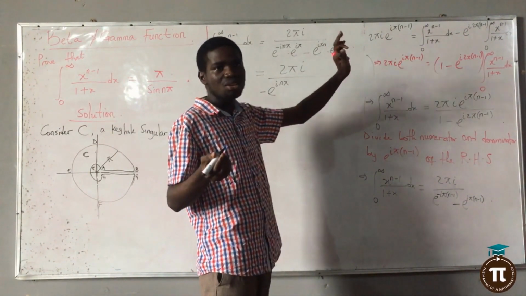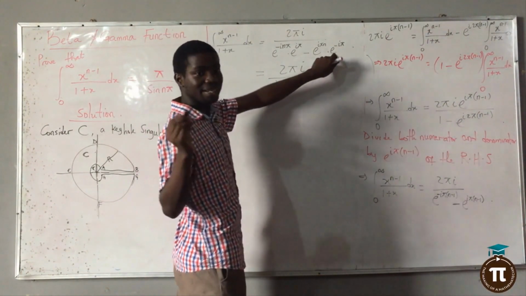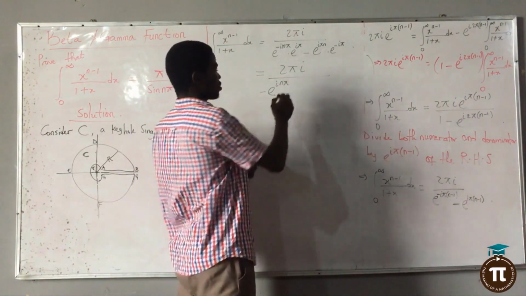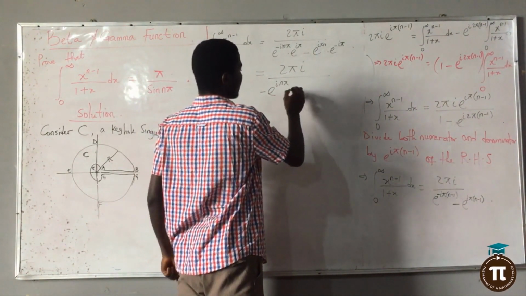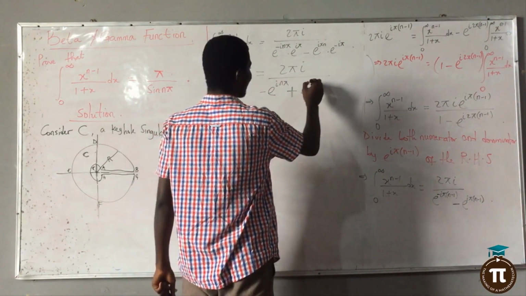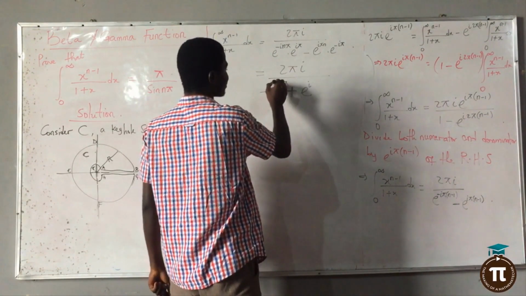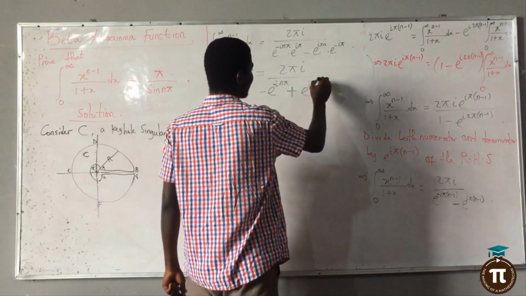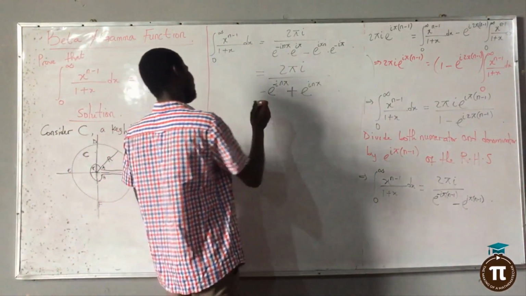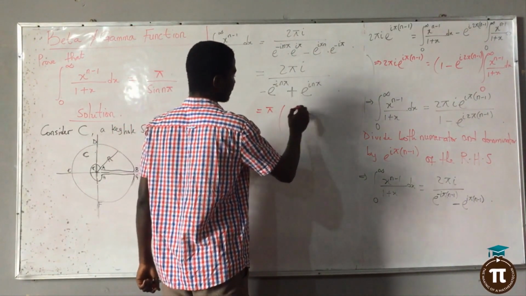The answer is still 1, so still minus 1. So minus times minus gives plus. So I have plus e raised to the power of minus i n pi, then this is i n pi. So bring out this pi, you'll be left with 2i.